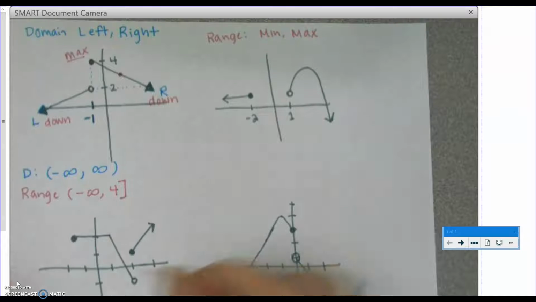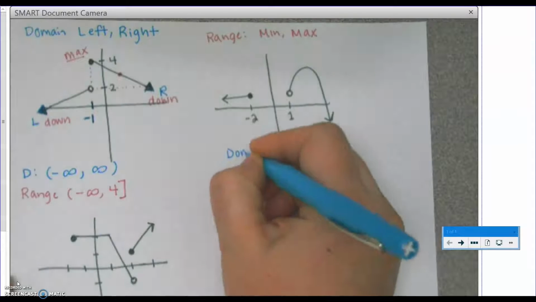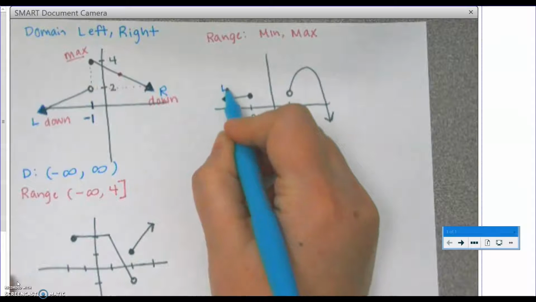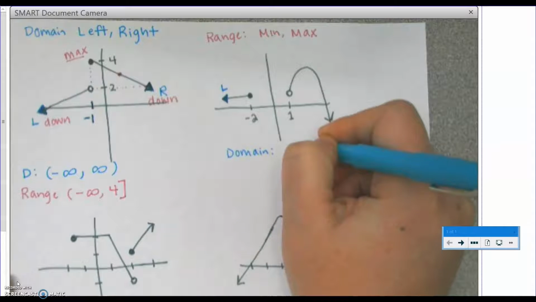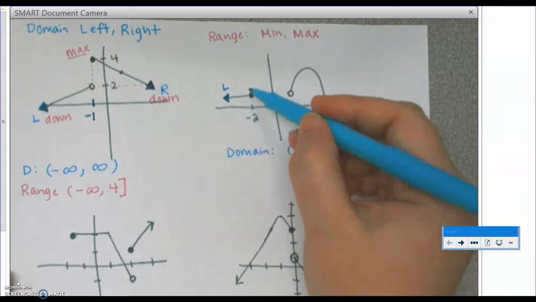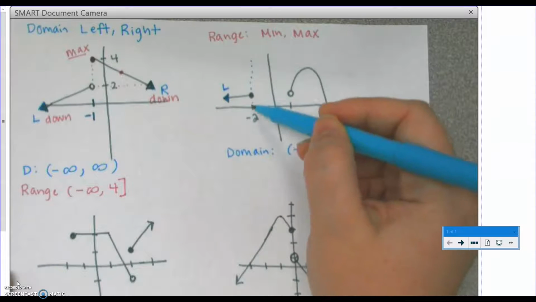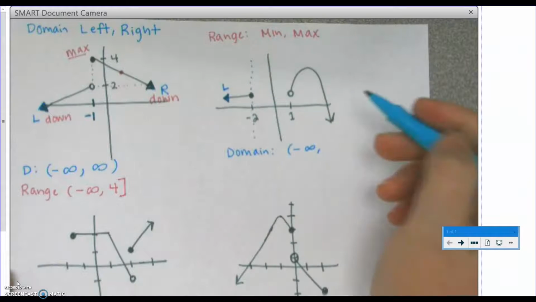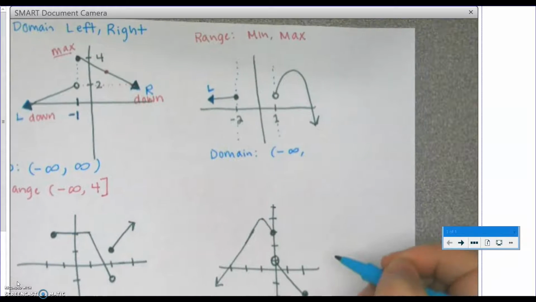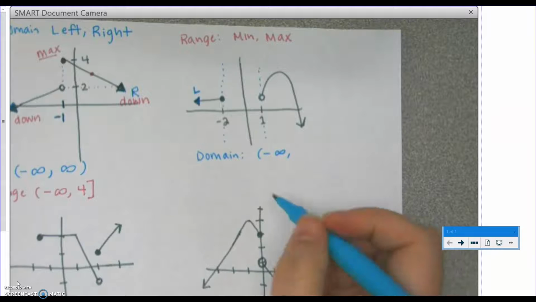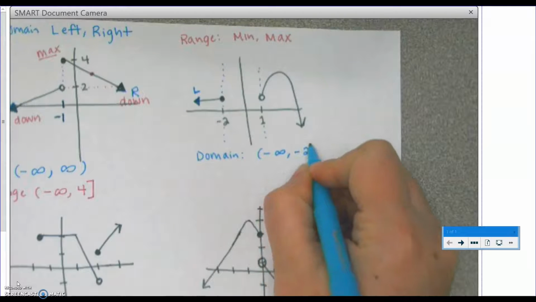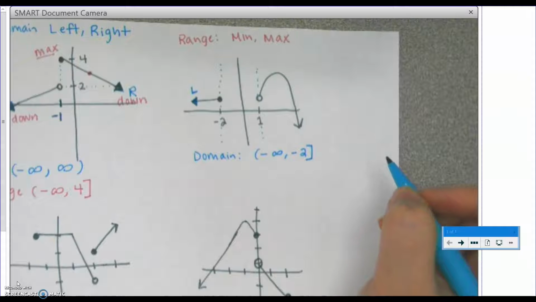Domain left to right. So I do have an arrow to the left. So negative infinity. And this piece ends at -2. And if you notice, there is a huge gap here. There is a gap in between these two pieces. So I'm going to have to do my domain as two separate answers. The first piece goes from negative infinity to -2. Closed bracket because it's a closed circle.